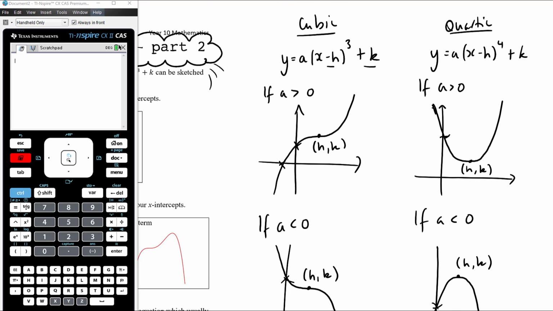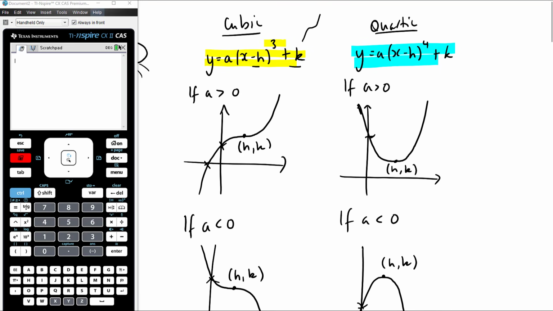If we can write a cubic equation in this form, it will take this shape that we looked at last lesson. If we can write a quartic function in this form, it will take this shape that we looked at last lesson. However, not all cubics and quartics can be written in that form, and if they can't, they're going to look different.